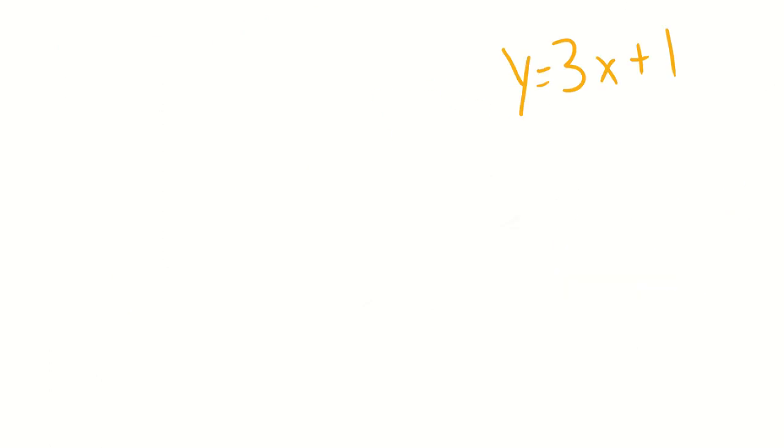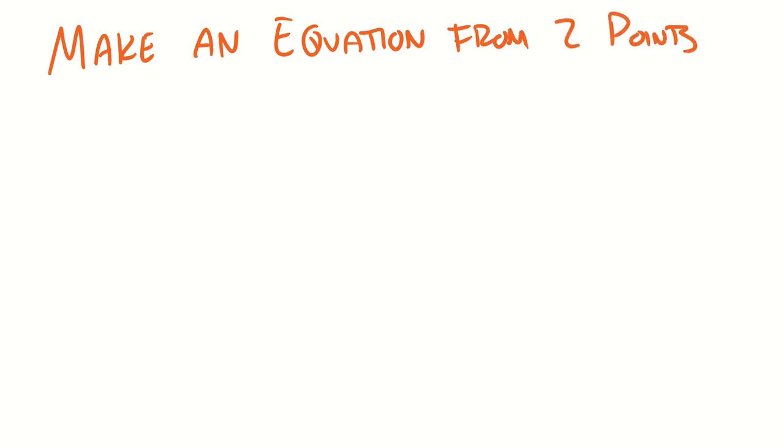All right. Now, that was thing 1. Thing 2, we're going to make an equation from 2 points. I'm going to make an equation from 2 points. So let's say I have the points 1, -7 and 2, -4.